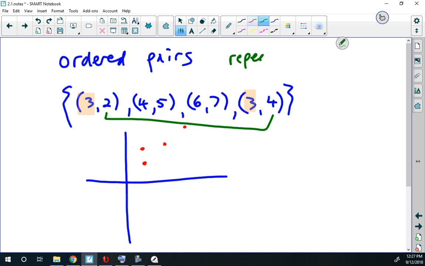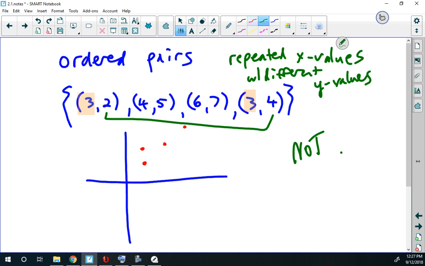So with ordered pairs, we're looking for repeated x values with different y values, then it's not a function. Repeated x values with different y values, it's not a function. And the table is basically the same way as ordered pairs, right?